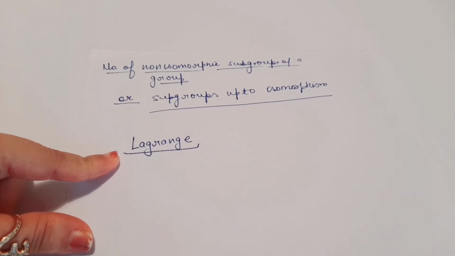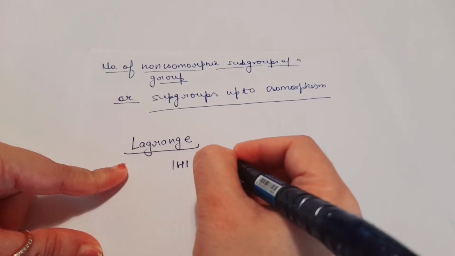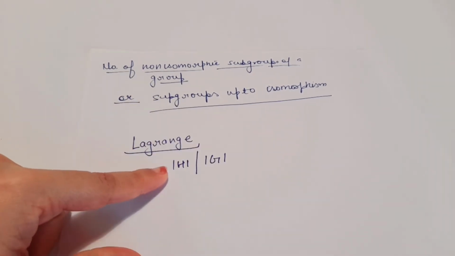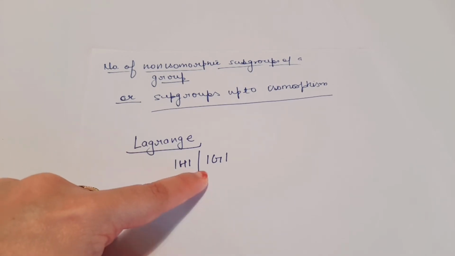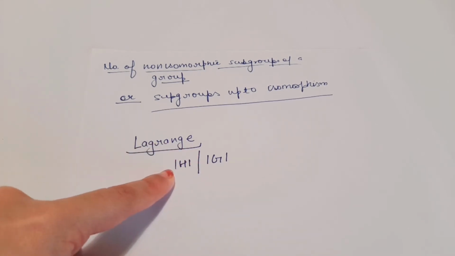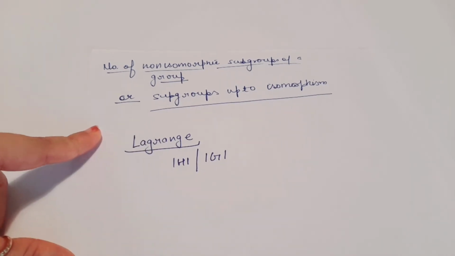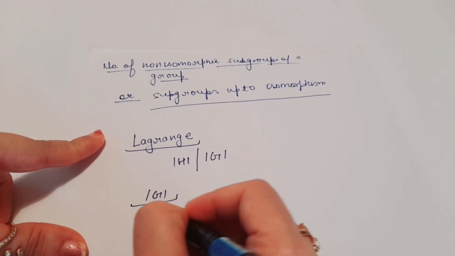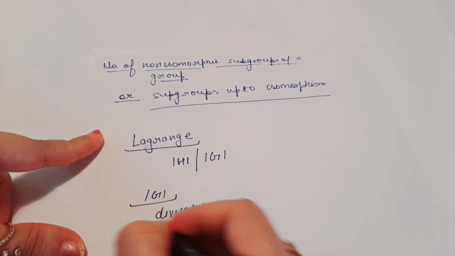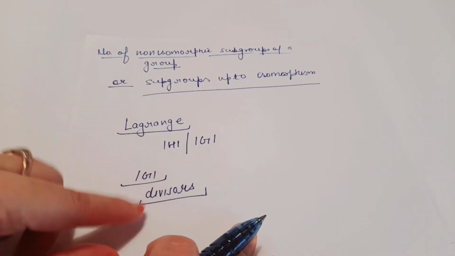Lagrange theorem says that the order of a subgroup divides the order of the group. So the order of a subgroup can only be a divisor of the order of the group.